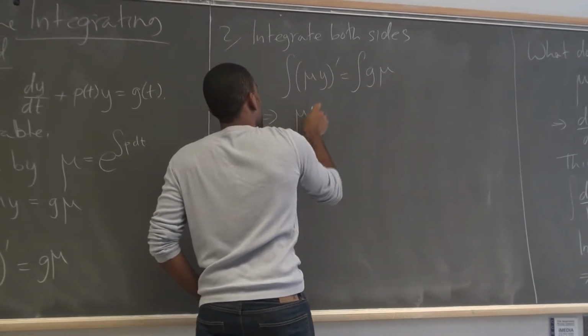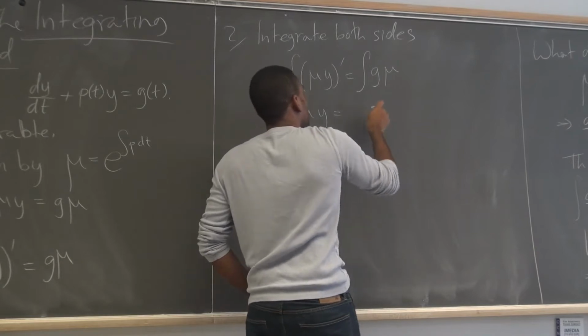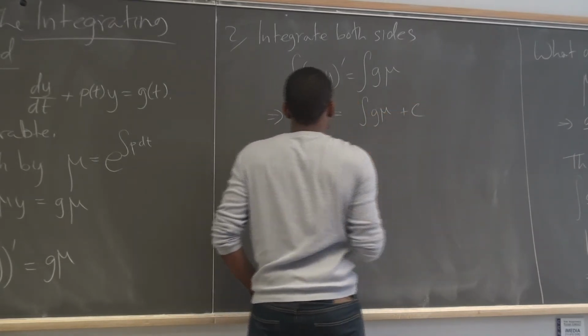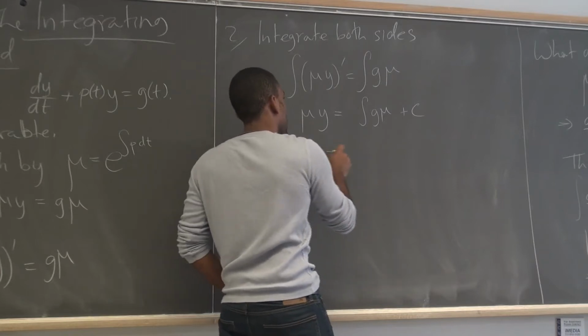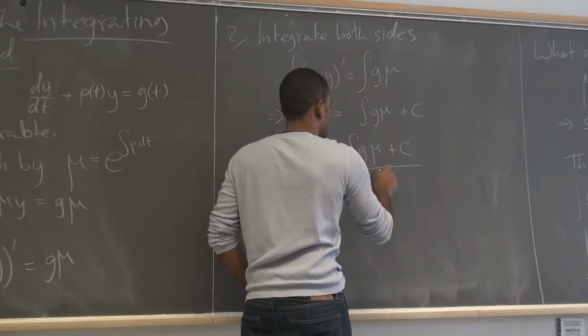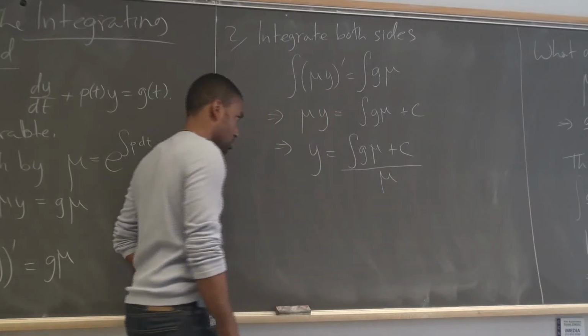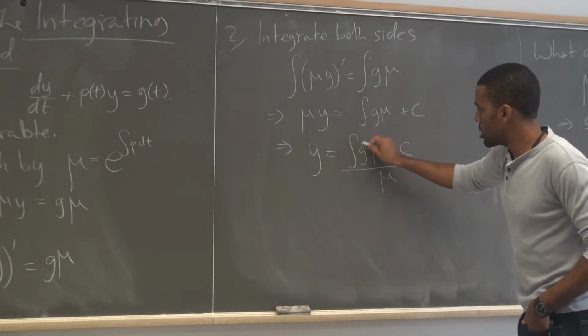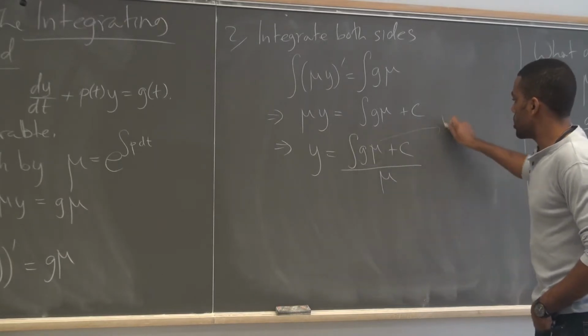This implies that mu y would be equal to the integral of mu g plus C, which means that your y will always be that divided by mu. Let me emphasize here, these are functions of t.